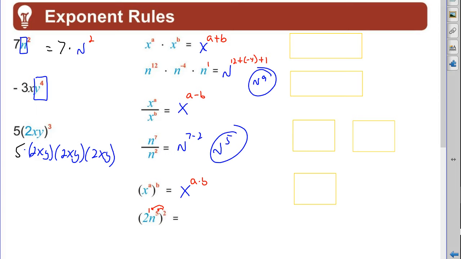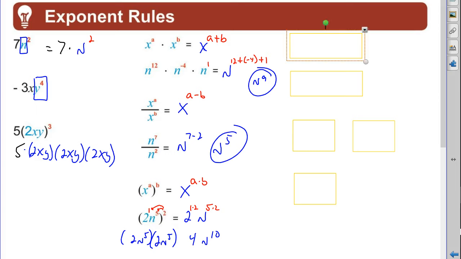So really, here's where I end up. 2 to the 1 times 2, and then n to the 5 times 2. I hope that makes sense to you. So we end up with 2 squared, which is 4n to the 10th. Now again, let me just real quickly, isn't this 2n to the 5th times 2n to the 5th? And see how you get 4n to the 10th? I hope you see that.